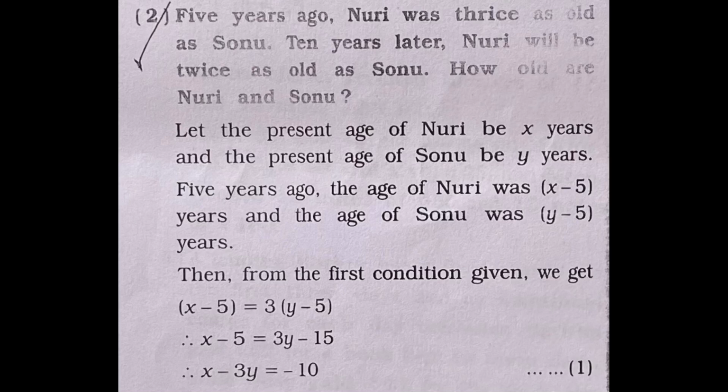Now according to the first condition, before 5 years Nuri was thrice as old as Sonu, which means that before 5 years the age of Nuri was equal to 3 times the age of Sonu. So x minus 5, that is the age of Nuri before 5 years, is equal to 3 into y minus 5, that is the age of Sonu before 5 years. So we get x minus 5 is equal to 3y minus 15, that is x minus 3y is equal to minus 10, which is our equation number 1.